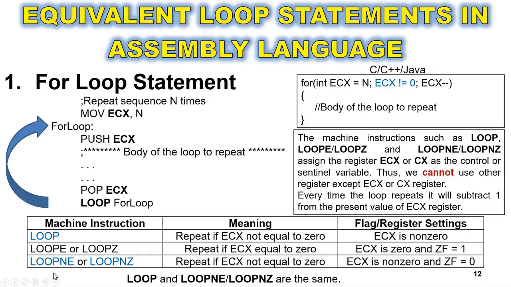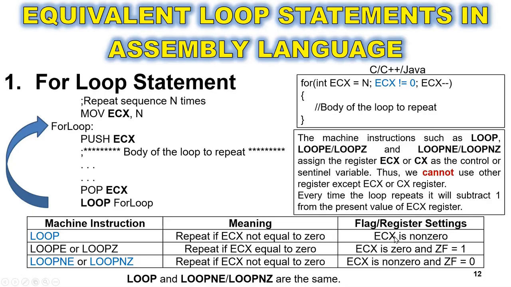The third one, loop not equal to 0 or loop NZ, will repeat the loop if the present value of ECX is not equal to 0. Loop and loop NE or loop NZ are the same in logic, repeating with the same condition.